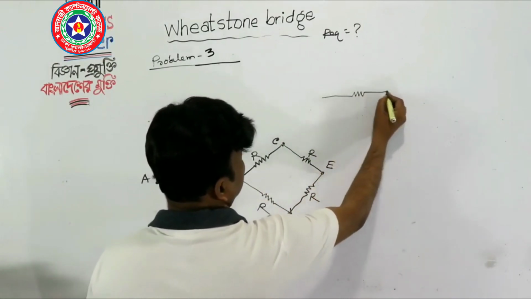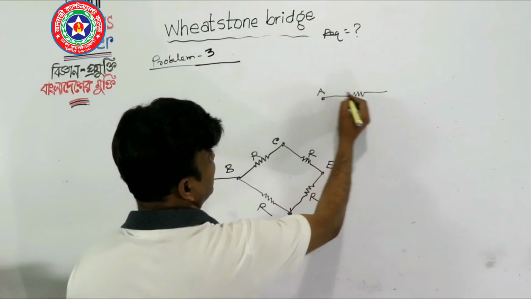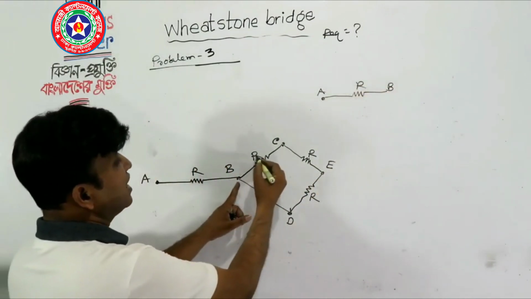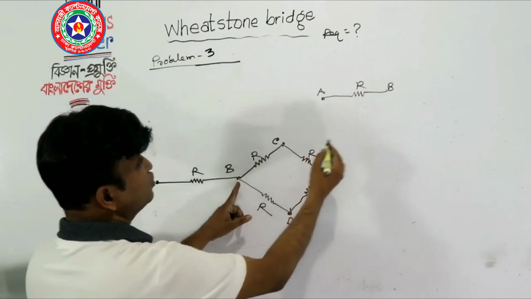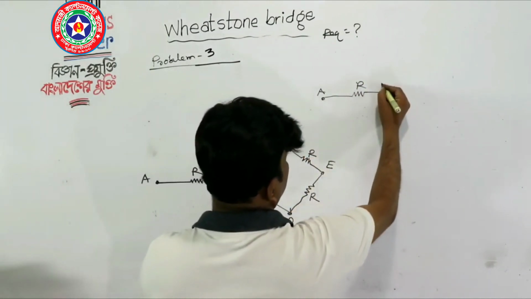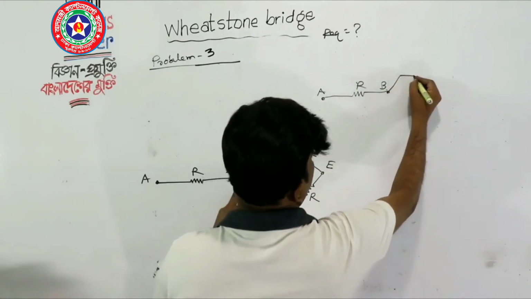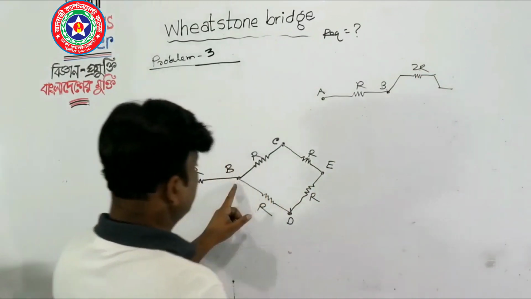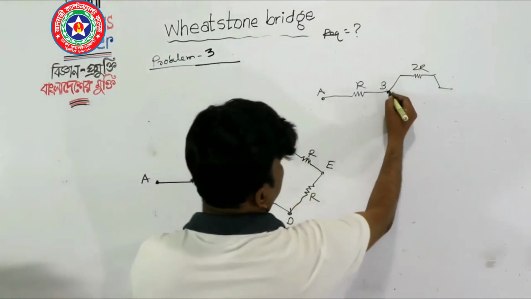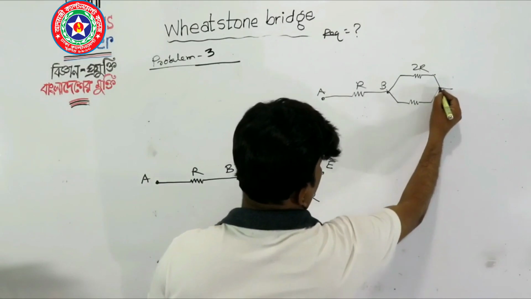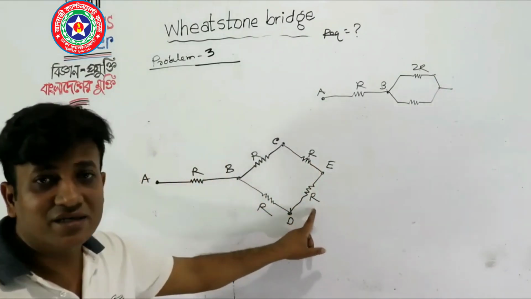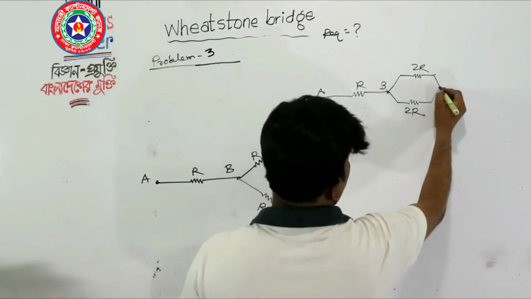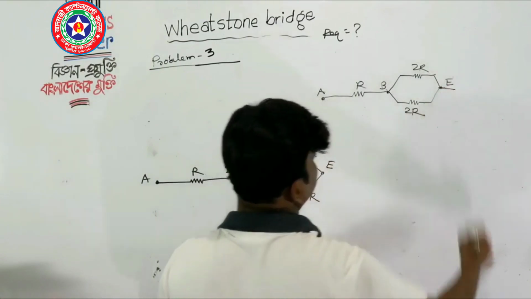Between A and B there is a resistance R. Now this R and this R together is 2R. Again here the equivalent resistance is also R plus R is 2R. And this point is E.